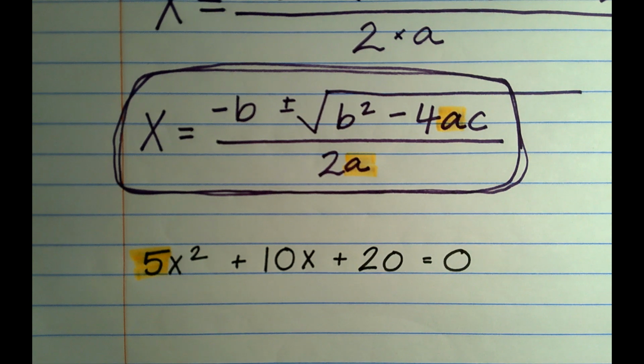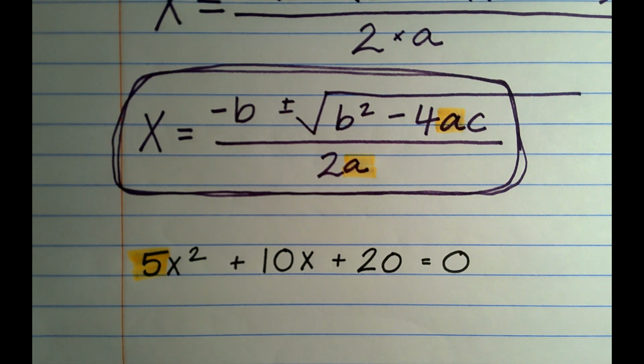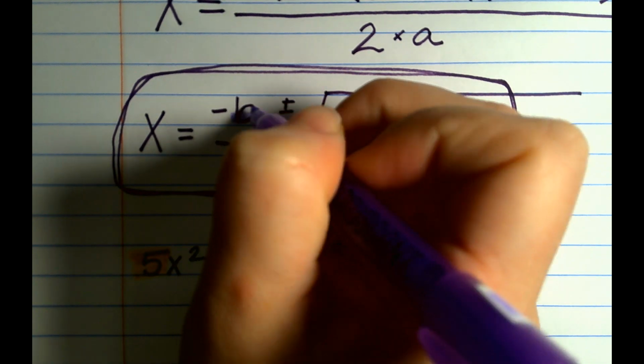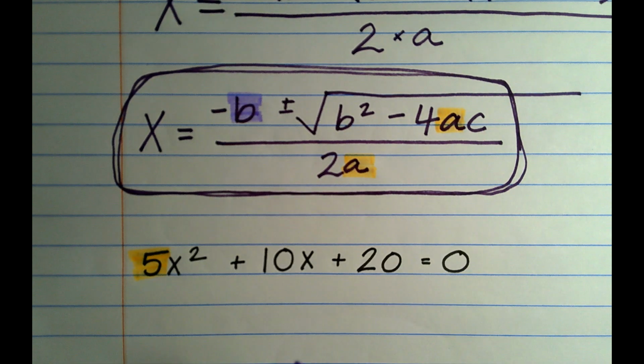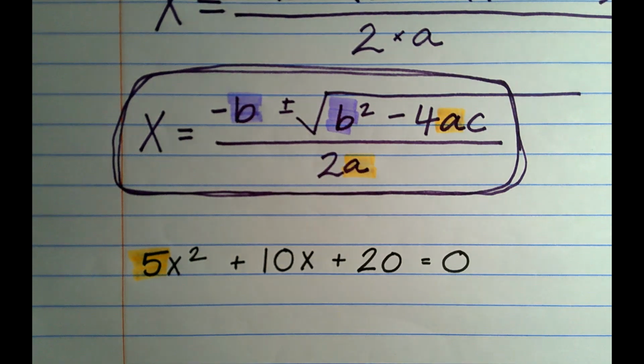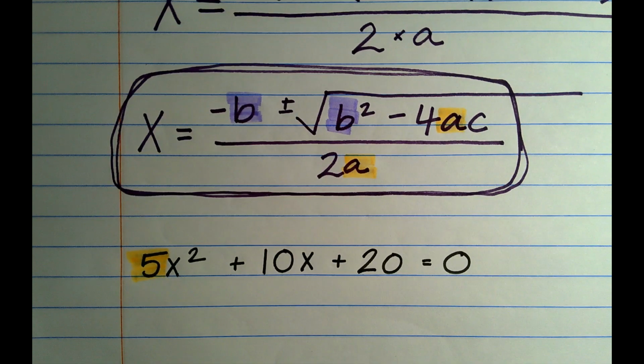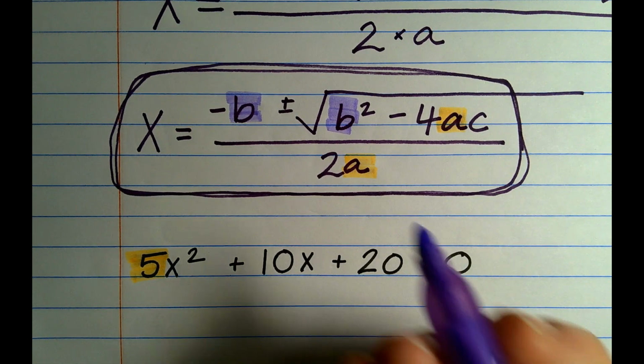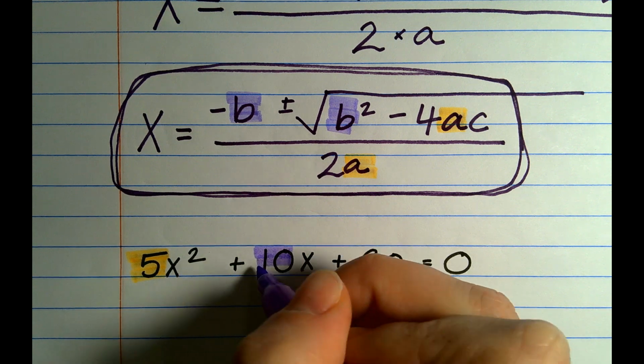Next, let's do B in purple. I hope it's not too dark. So my B we have right here on the outside. We have B here on the inside. And what is B in our equation? 10. Good.